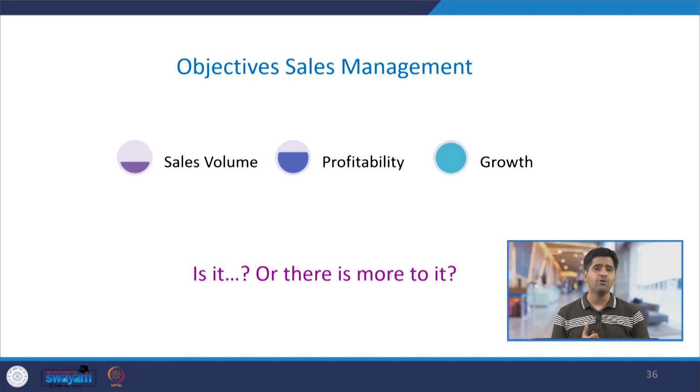And the last objective, which again is of very crucial importance, is growth. In one way maybe you can look at it this way. Let's say the sales department is the department which only brings in the required revenues, or maybe the cash flows which can be used for growth.